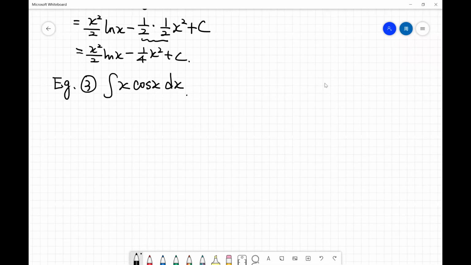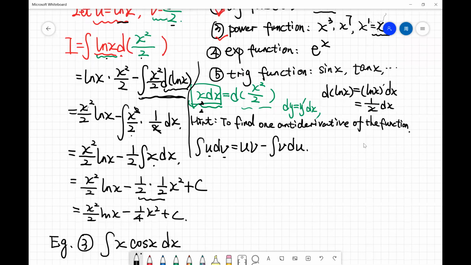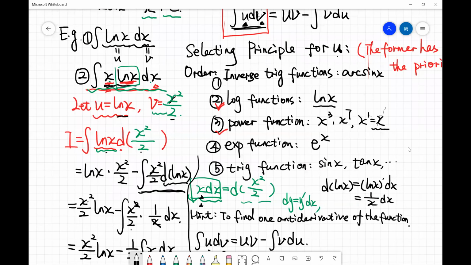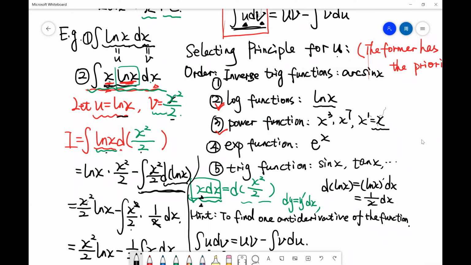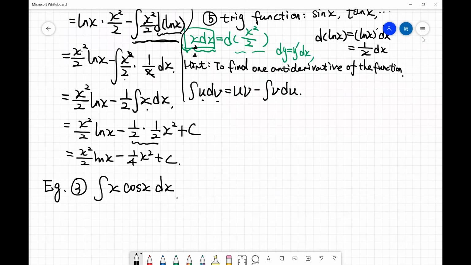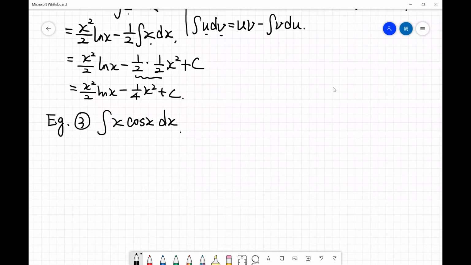And I think you have the notes, right? So you can see the selecting principle on your notes. If you don't have the notes, please take a picture of the selecting principle and the formula for integration by parts. And then you can solve this question.